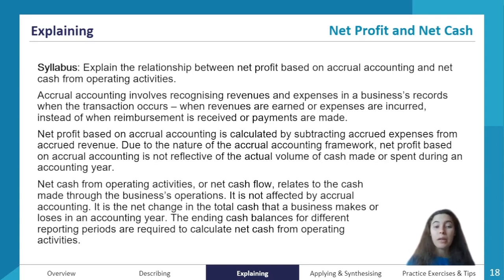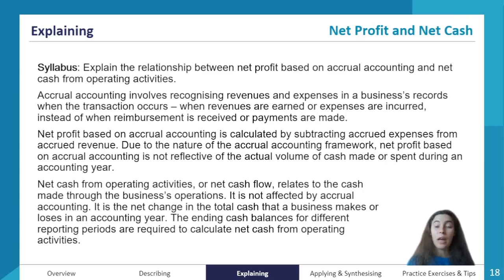So net profit based on accrual accounting is calculated by subtracting accrued expenses from accrued revenue. So hopefully your revenue is greater than your expenses, and so you're subtracting those expenses from the revenue to hopefully end up in a positive figure there for your net profit. If it happens that the accrued expenses are actually more, then you're going to have a loss instead.